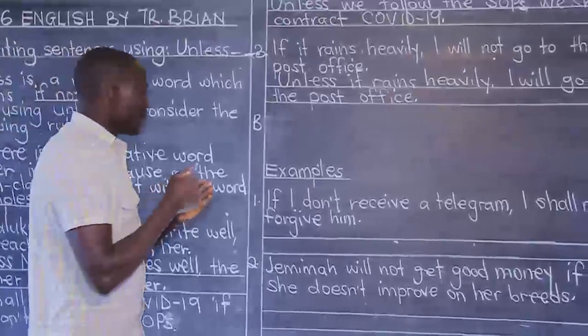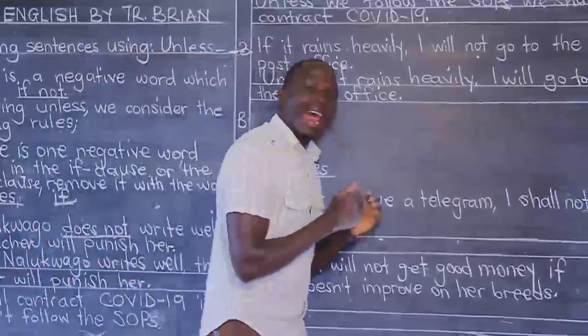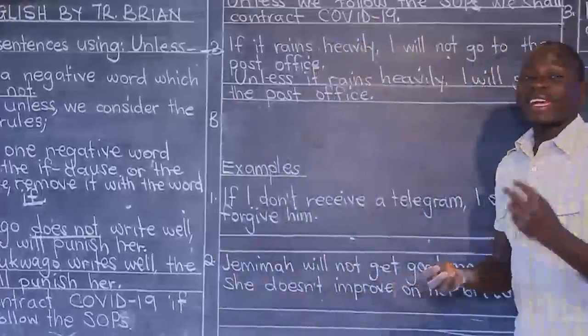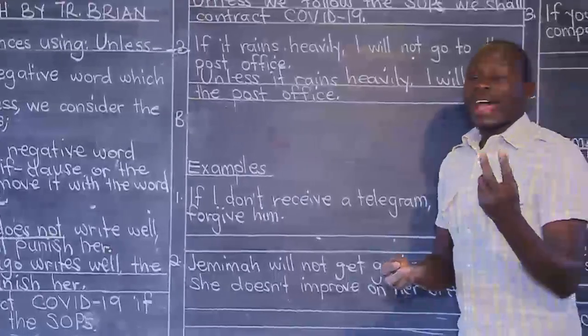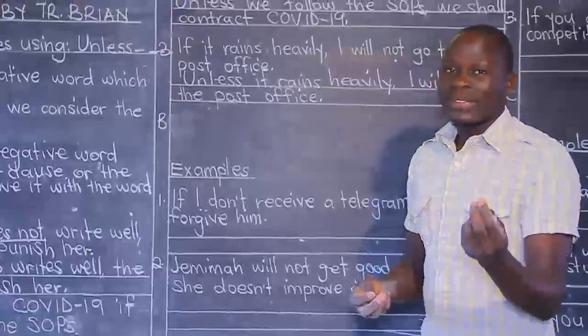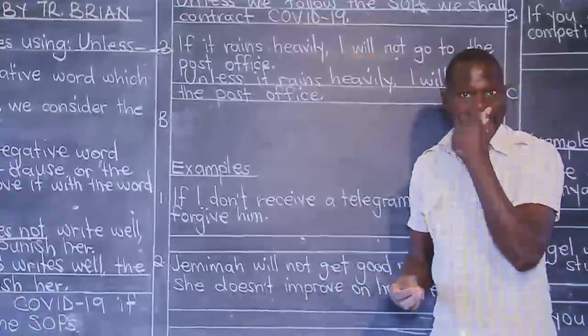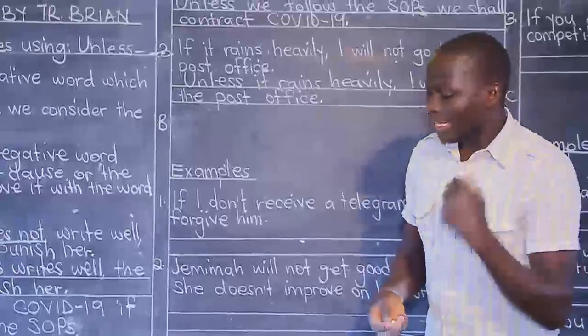Rule number 2 tells us that if there are 2 negative words, what do we do? Remove the word in the if clause. Let's look at this.